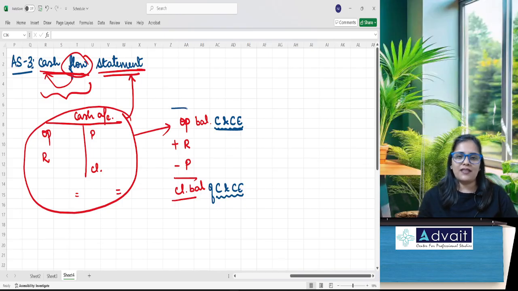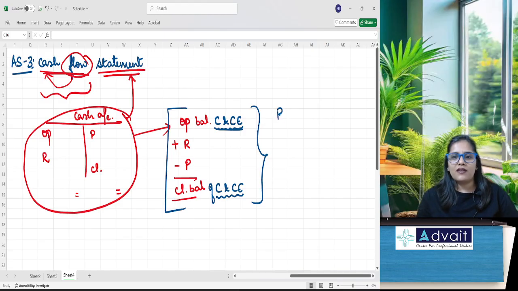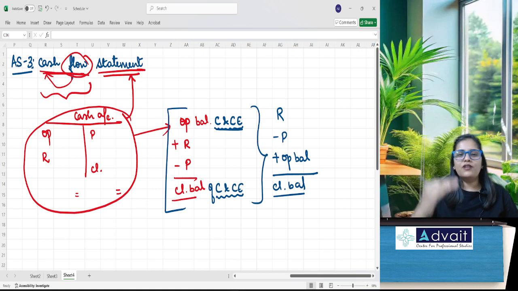Now this statement I'm going to rephrase. Receipt minus payment plus opening balance will give you closing balance. I have just rephrased it.